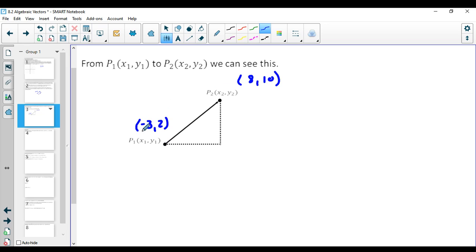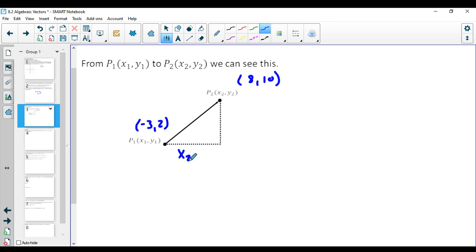Because the distance from -3 to 8. What's a way to do it if I just have generic x2 and x1? Brilliant. Absolutely.